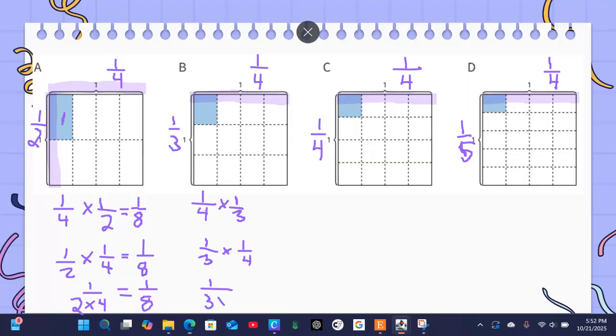But if we combine our 3 times 4, we know that's going to equal 1/12. This is going to equal 1/12, and this is going to equal 1/12.